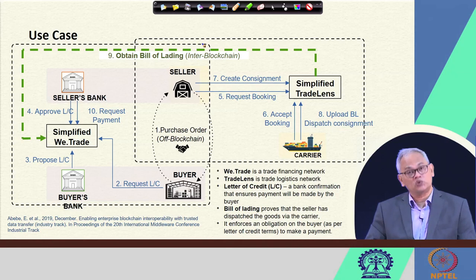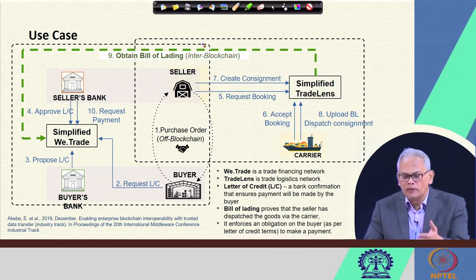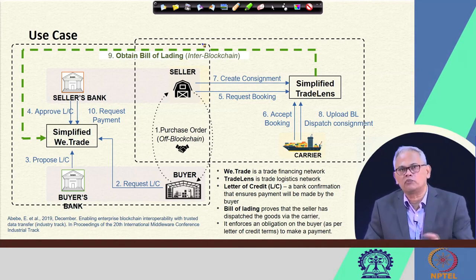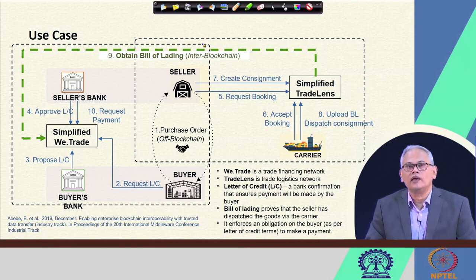We have these short forms, which have been explained here for your convenience, and also giving you some idea what they mean, because all of you may not be really familiar with these terms of letter of credit and bill of lading. So, we have ensured that we give you some idea, and of course, there is a reference to this paper which talks about these in more detail.